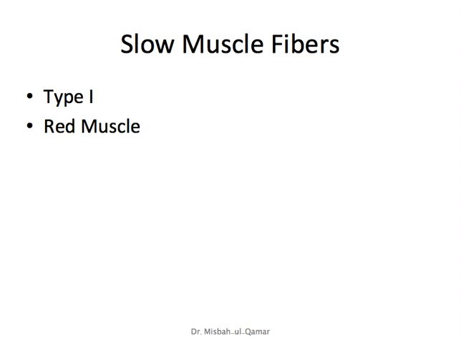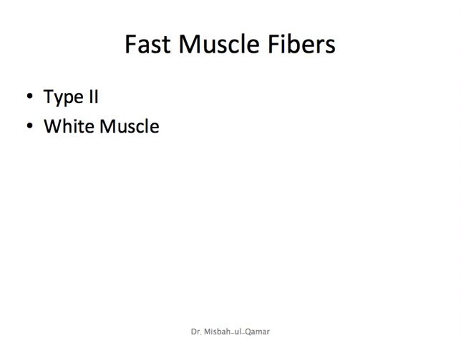Well, next are the fast fibers. These fast muscle fibers are also called type 2 fibers or white muscle fibers. These muscles have large fibers for great strength of contraction, extensive sarcoplasmic reticulum for the rapid release of calcium ions, and large amounts of glycolytic enzymes for the rapid release of energy.